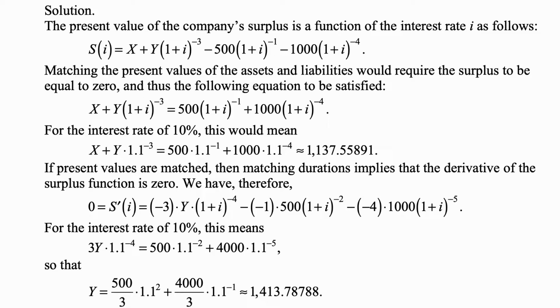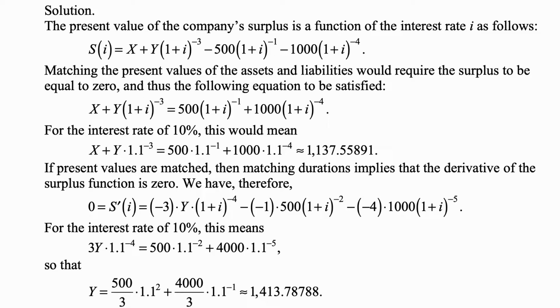Matching the present values of the assets and liabilities would require the surplus to be equal to 0, and thus the following equation to be satisfied: X plus Y times (1 plus i) to the negative 3 must be equal to 500 times (1 plus i) to the negative 1 plus 1,000 times (1 plus i) to the negative 4.